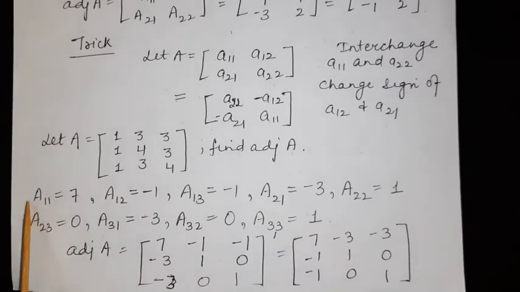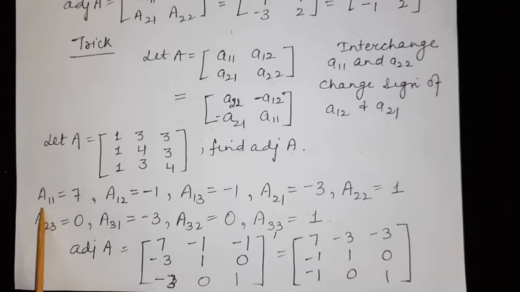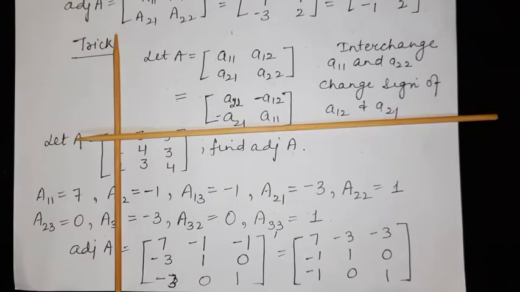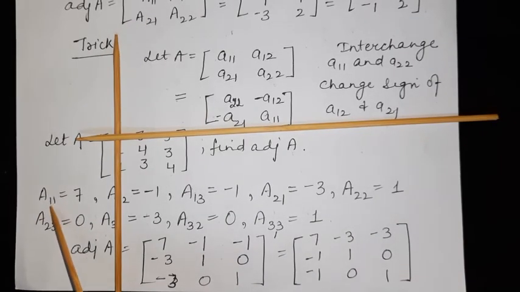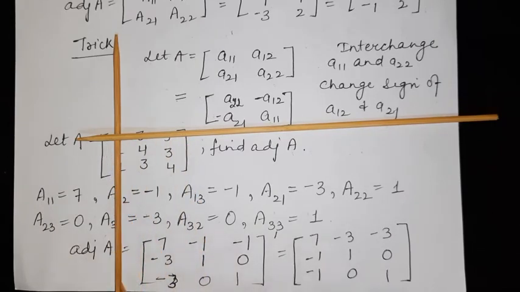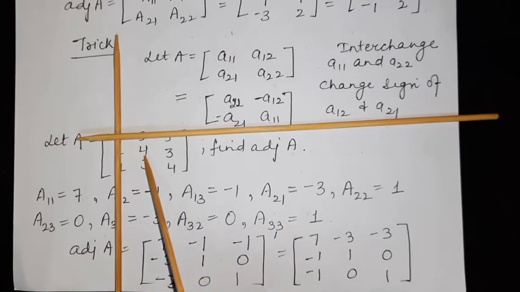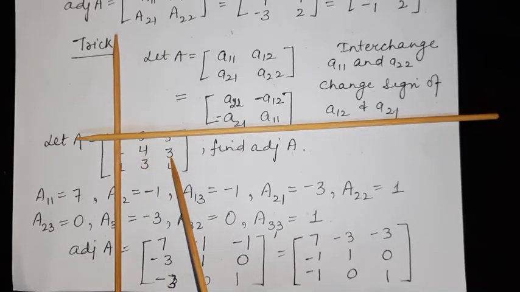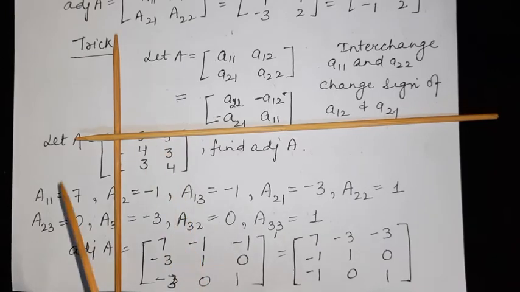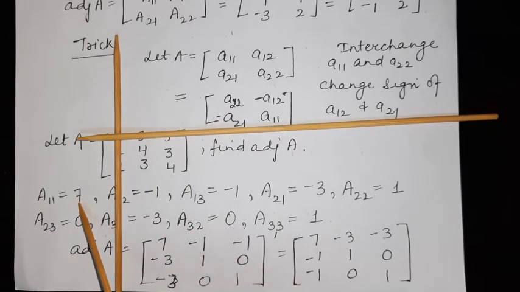First, we have to calculate the cofactor of the first element. So for A11, ignoring first row and first column, we will be left with this determinant, 4, 3, 3, 4. So 4 into 4 will give us 16, minus 3 into 3 will give us 9, and 16 minus 9 will give us 7.